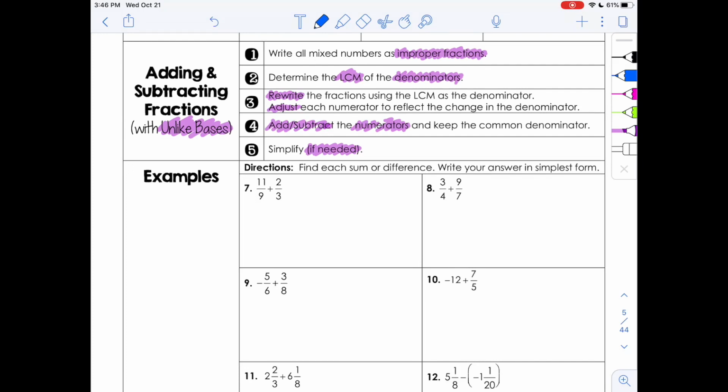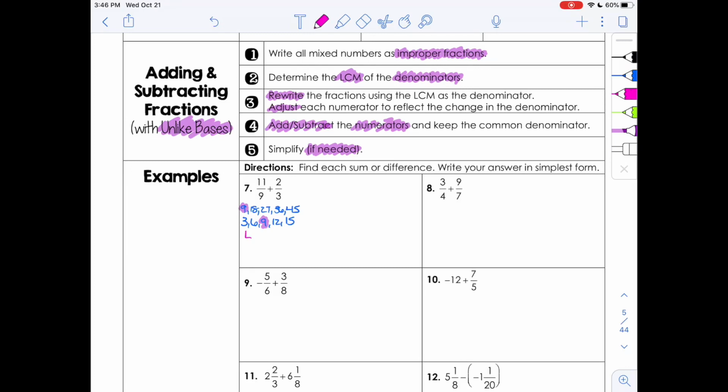So remember, we want to list our multiples. Our multiples of 9 are 9, 18, 27, 36, and 45. Our multiples of 3 are 3, 6, 9, 12, and 15. So comparing these two lists, we can see that 9 is our smallest number that they have in common.